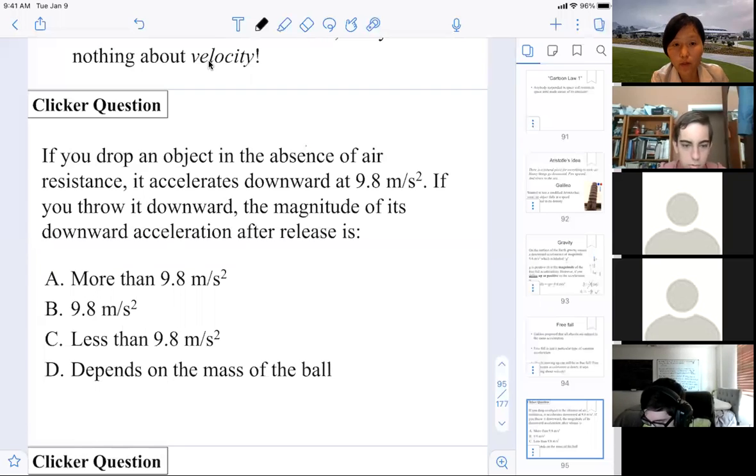So the question would already tell you to ignore air resistance. If it doesn't want you to ignore air resistance, it will say so. It will tell you something about the air resistance. So without air resistance, what do you think the downward acceleration would be if you throw it downward versus release it?